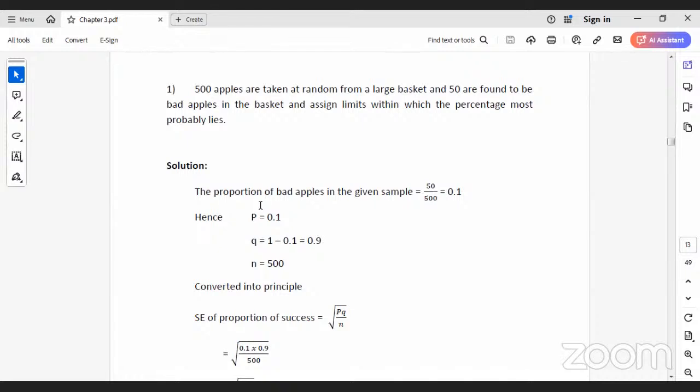So out of 500, 50 apples are found to be bad apples. So assign the limits within which the percentage most probably lies.